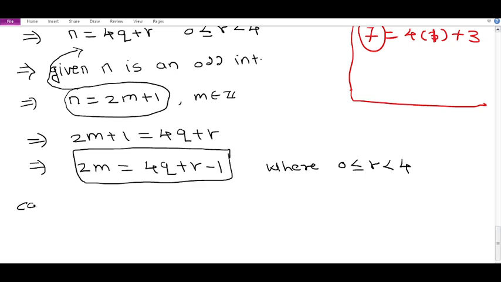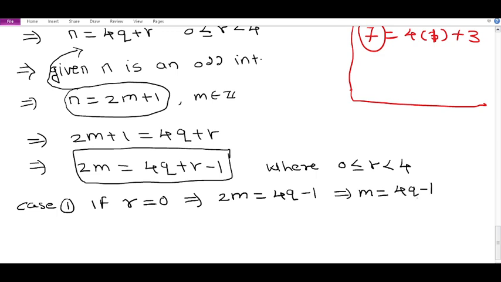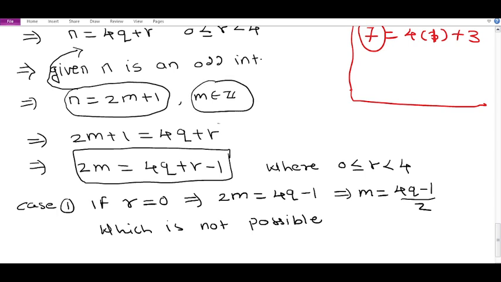Case 1, if r is equal to 0, then 2m is equal to 4q minus 1, and this implies m is equal to (4q minus 1) divided by 2, which is not possible, since m is an integer. Therefore this case is not possible.